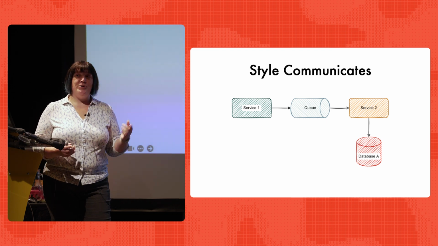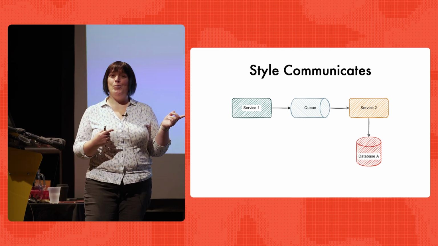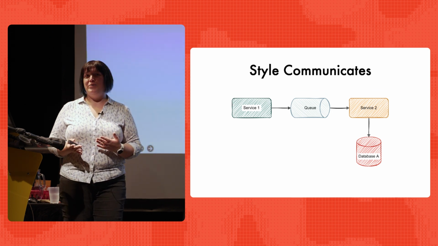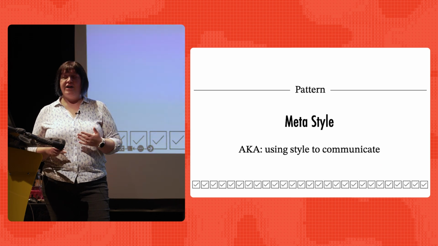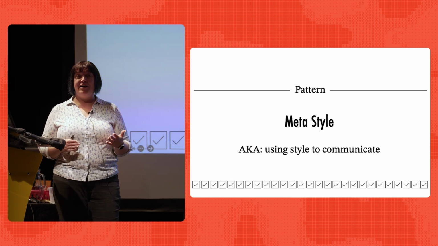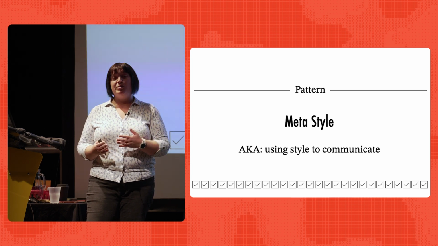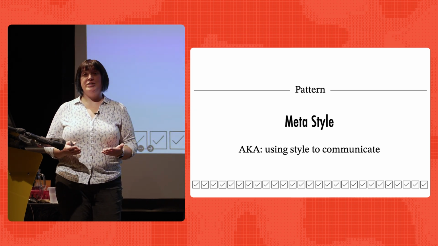But then again, show this to your stakeholders towards the end of your project and they're going to go, oh, are we not as far along as I thought we were? Are we still in kind of an idea stage? What's going on? I call this pattern meta style because it's a bit like metadata. You are giving people subconscious messages by how you style your diagram.